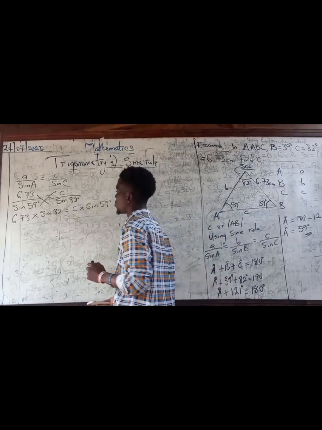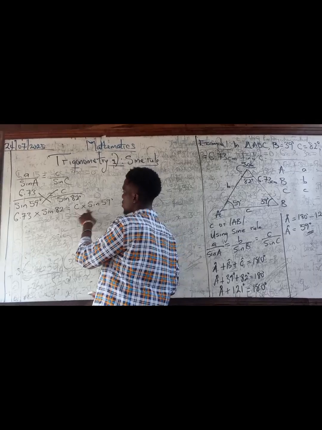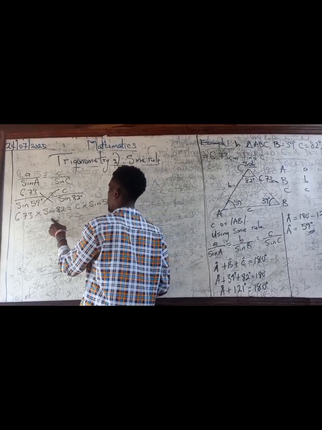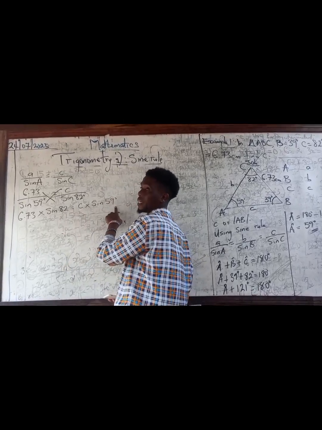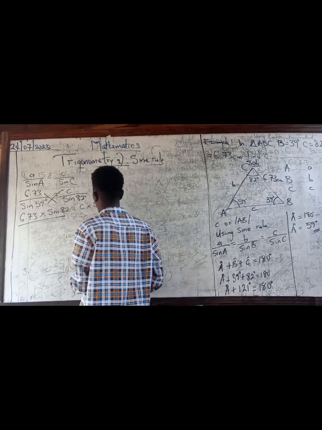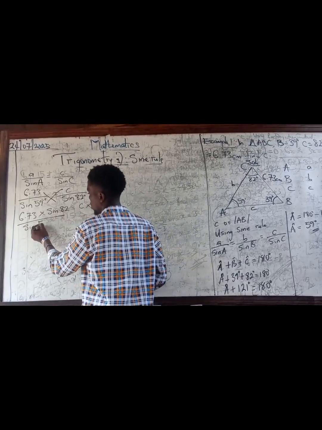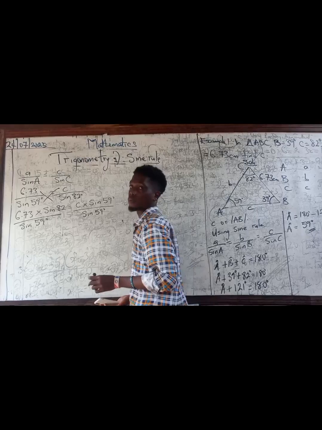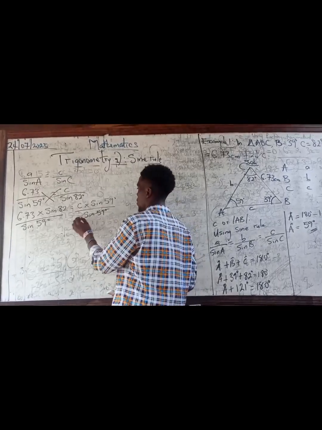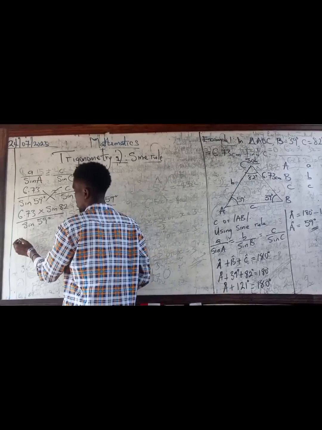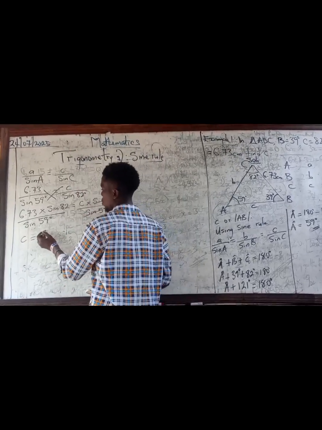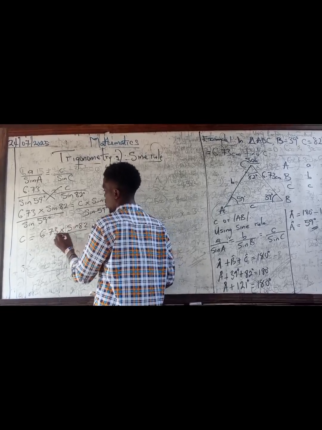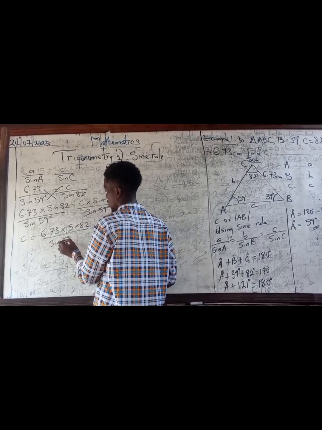Since we are looking for C, we have to divide both sides by the coefficient of C, which is sine 59 degrees. Are you with me now? Sine 59 cancels sine 59, so we have that C is equal to 6.73 times sine 82 over sine 59 degrees.